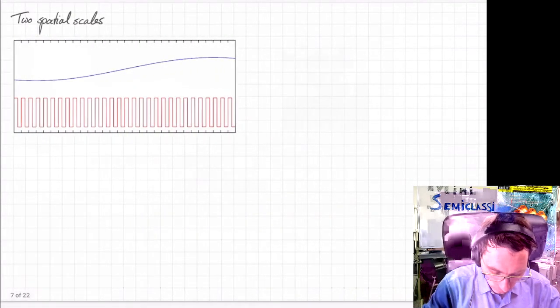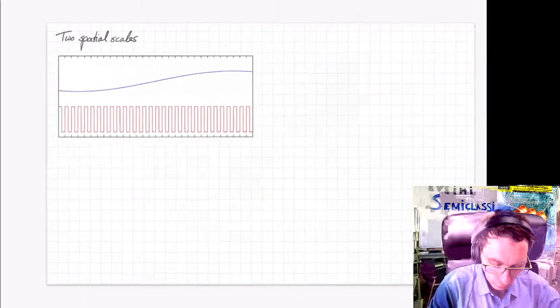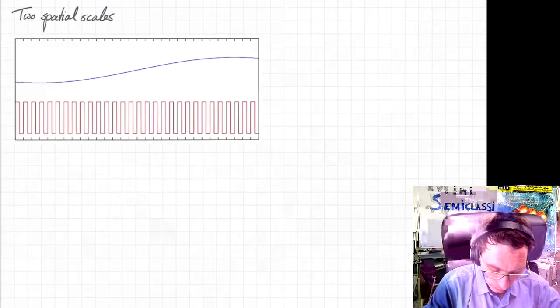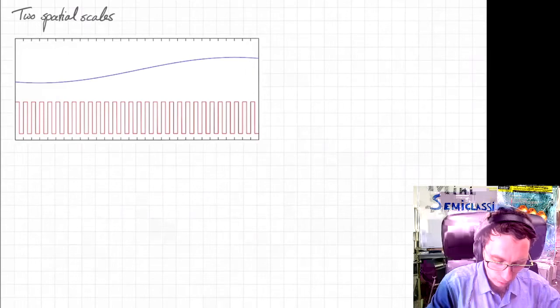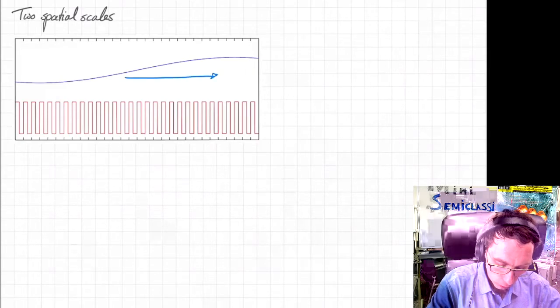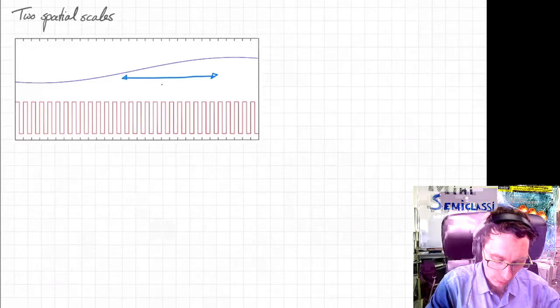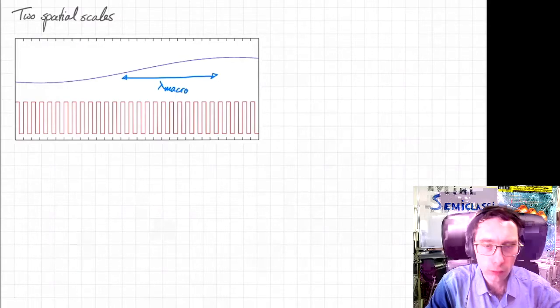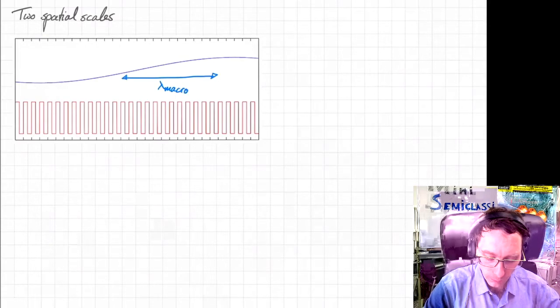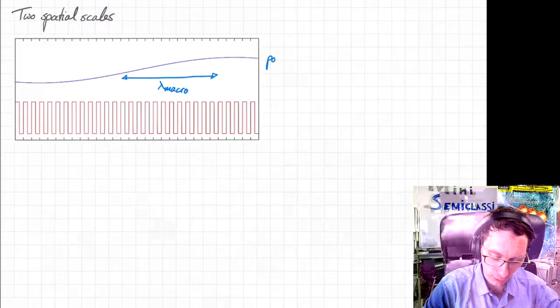So if we want to make this rigorous, then in the experiment, we are always working with a two-scale system. So the green bit here, think of these as the potentials due to the external fields.